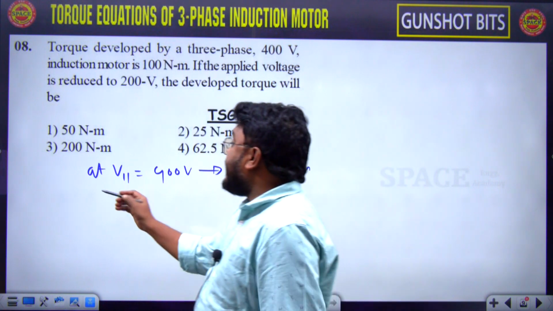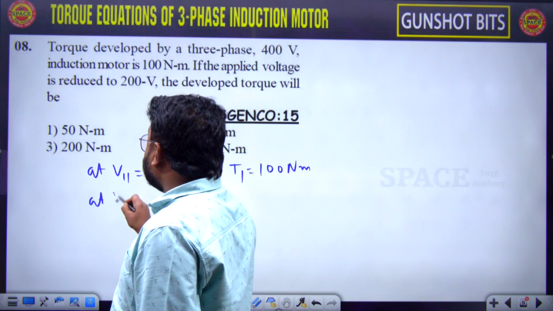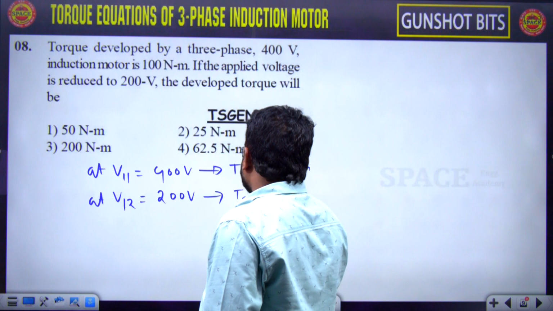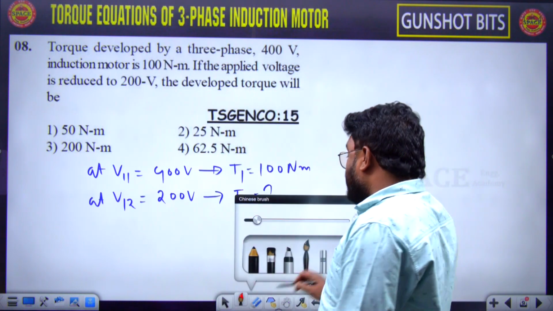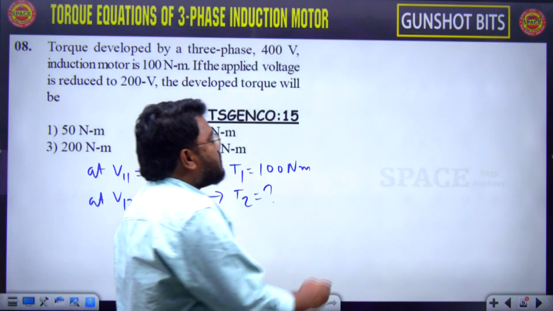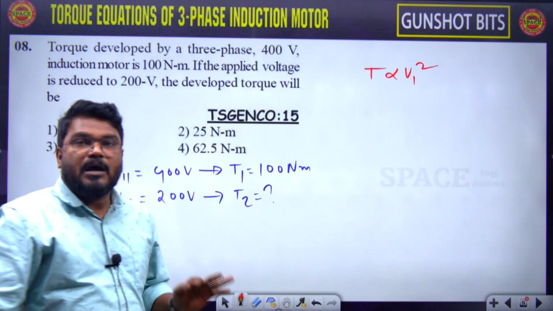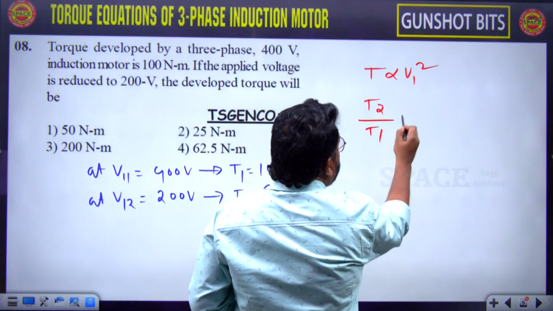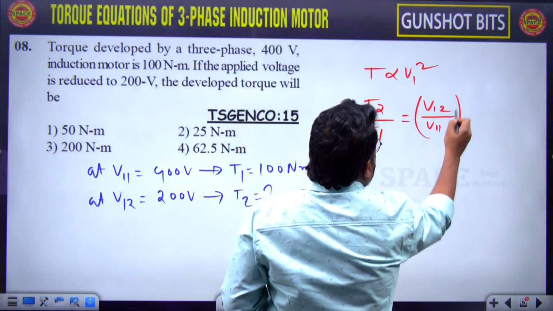Now the applied voltage is reduced from 400 volts to 200 volts. So we require the torque produced by the motor. What is the value of the torque produced by the motor? We know the relation between the applied voltage and the torque produced by the motor: torque is directly proportional to the square of the applied voltage. Therefore T2 divided by T1 is equal to V2 divided by V1, the whole square.